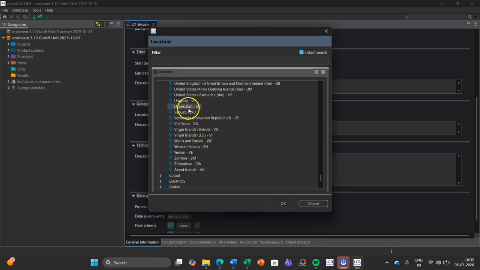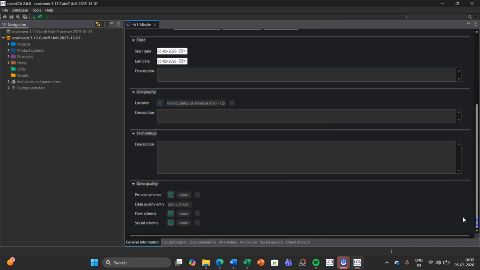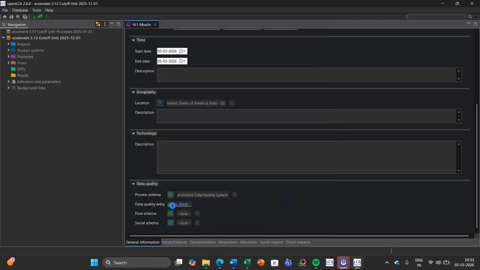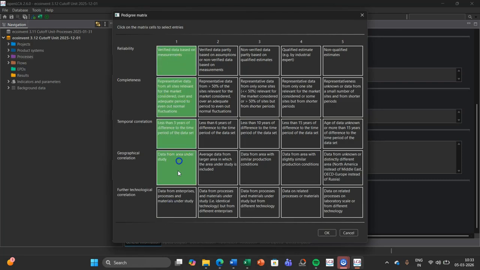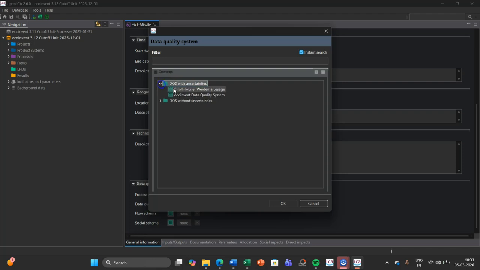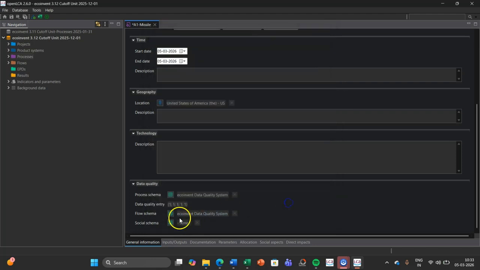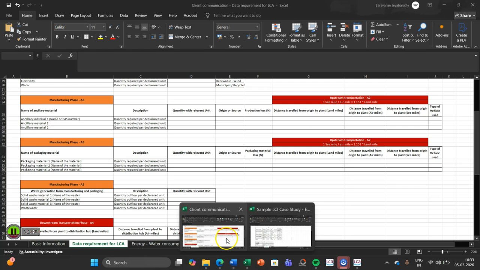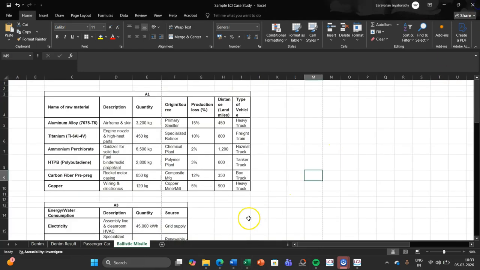For the data quality, the process schema, we are going to prefer ecoinvent. The flow schema, social schema is not a problem.